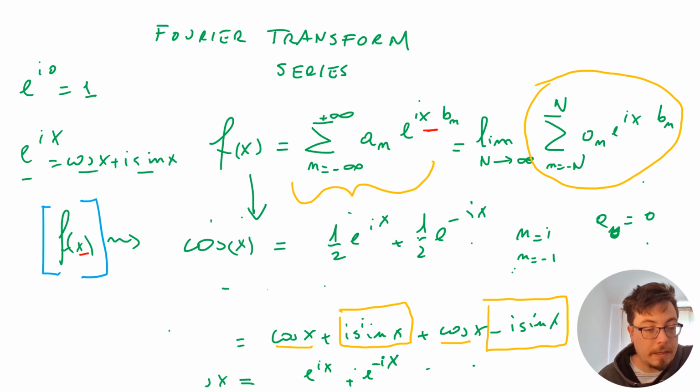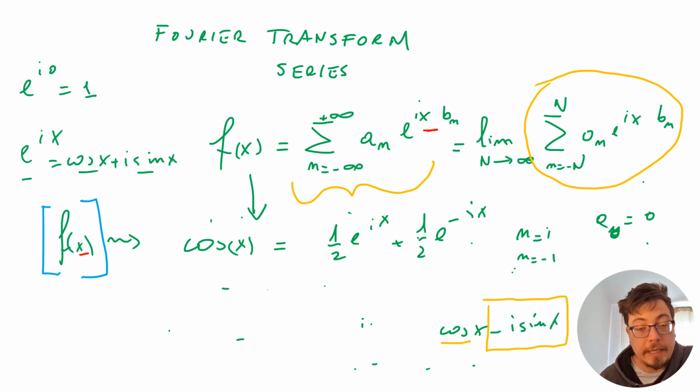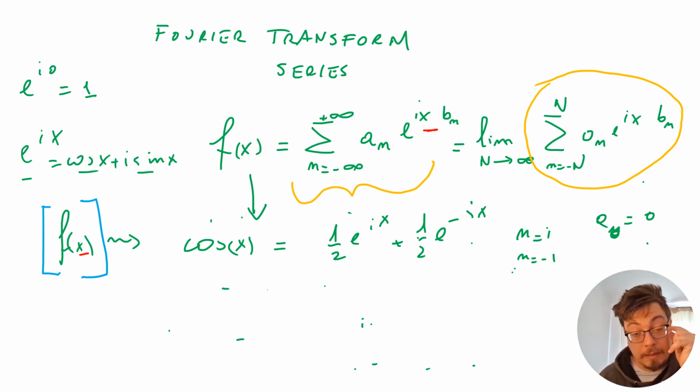Now if you do this game over and over again, suppose you want to sum another cosinus, cosinus of 3x, and then you do the math, and well, I'm not doing it now, but you can construct the sum of these components.